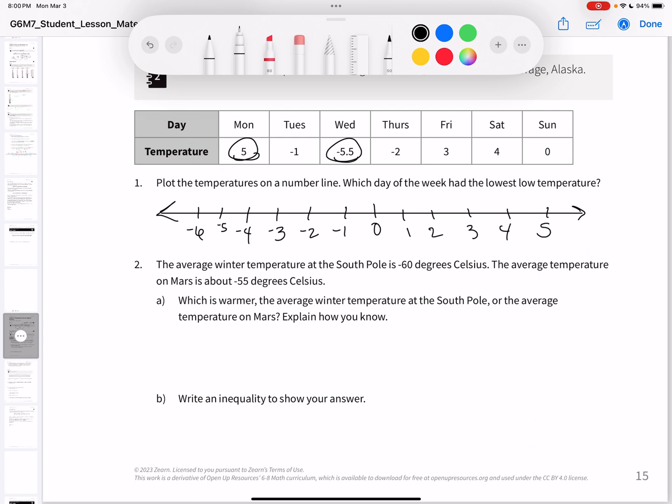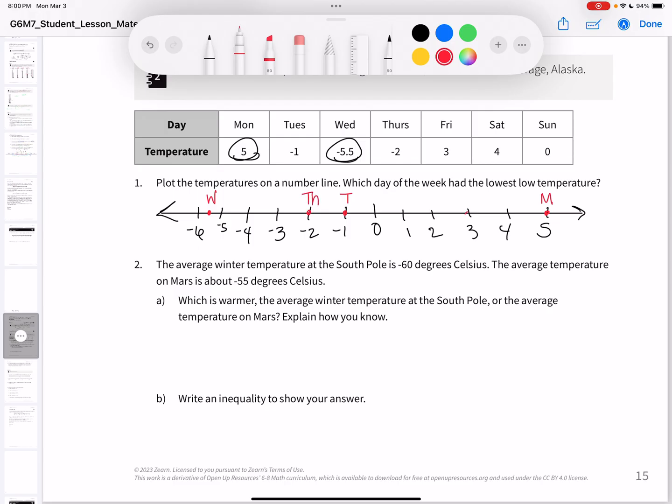So let's go through and plot these. So we have Monday at 5, so right here. Tuesday is negative 1, so here's Tuesday. Wednesday is negative 5.5, so that's going to be in between negative 5 and negative 6. Thursday is negative 2.